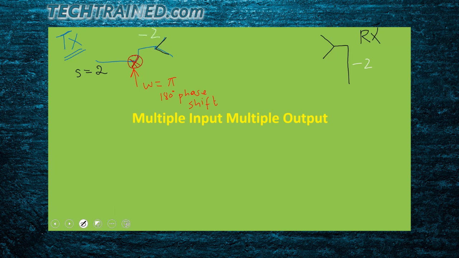We know the wireless channel is already giving a 180-degree phase shift because of the way it's behaving. So at the receiving end, you are going to get +2 instead. Originally we wanted to transmit 2, and by adding an extra weight, a 180-degree phase shift already applied to the transmission, we have been able to achieve what we wanted to transmit in the first place.